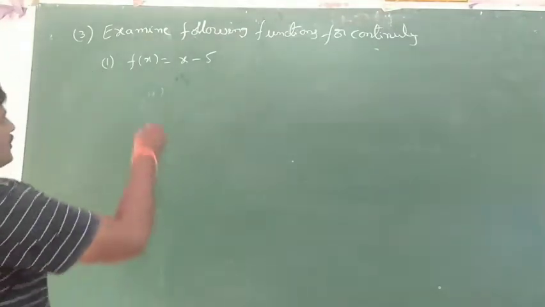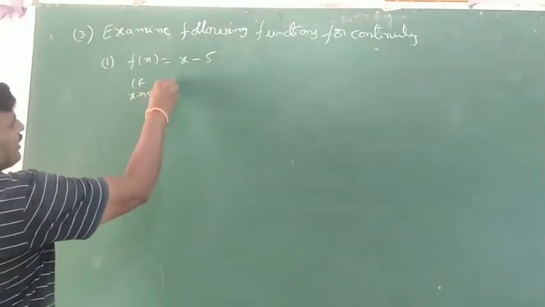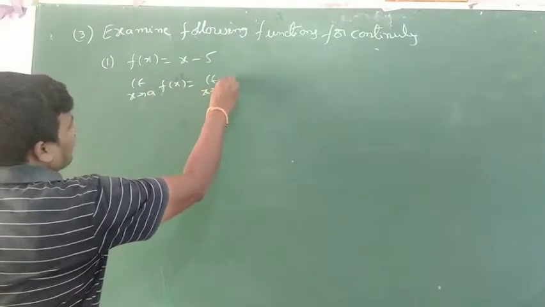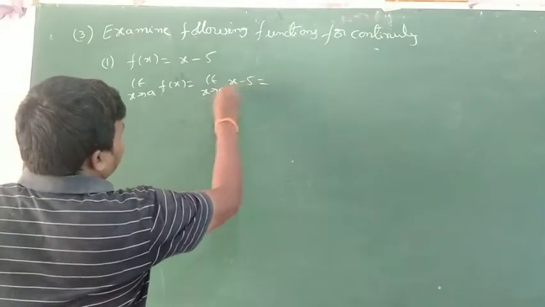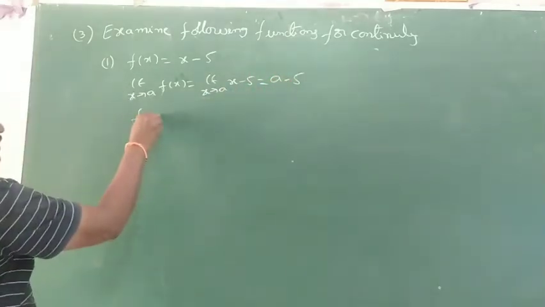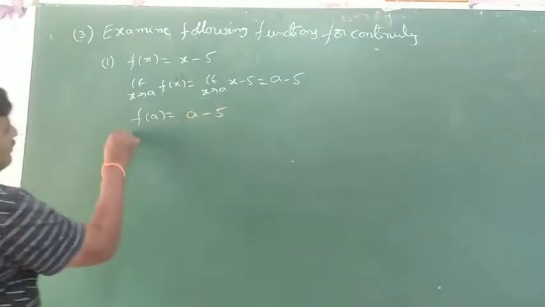So limit x tends to a of f of x is limit x tends to a of x minus 5, which is a minus 5. f of a is equal to a minus 5.